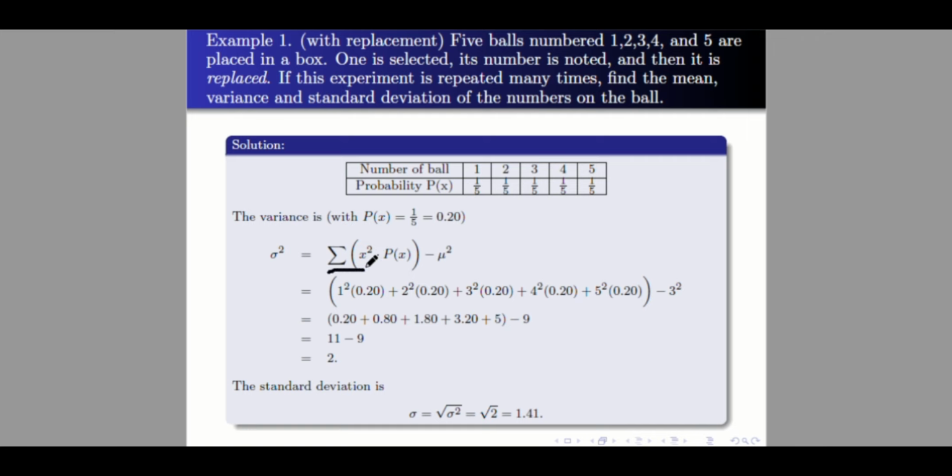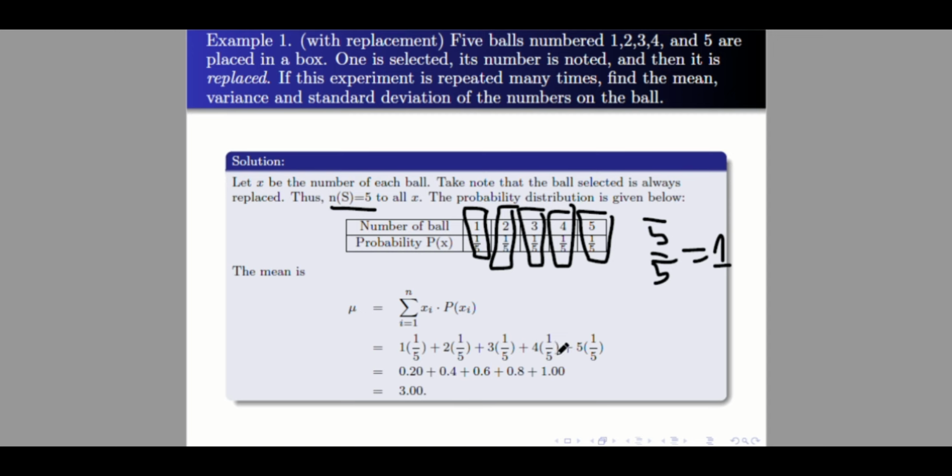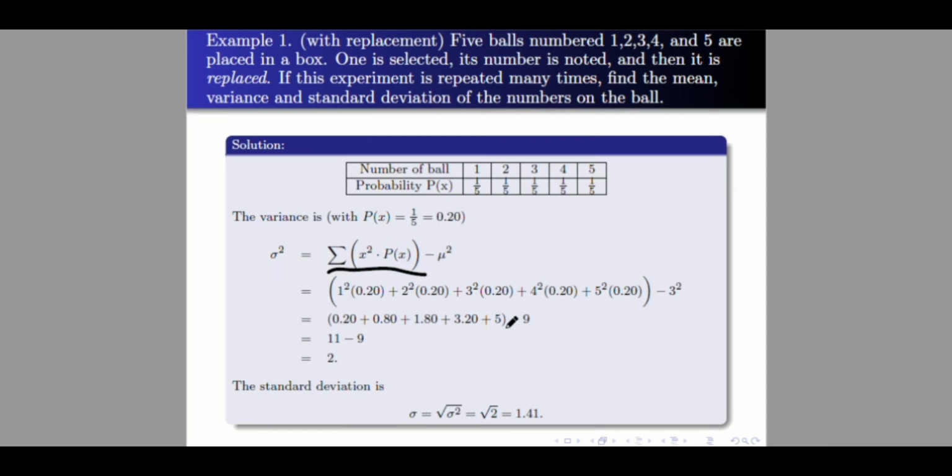So first we write this: 1 squared times 0.20 plus 2 squared times 0.20, 3 squared times 0.20, 4 squared times 0.20, then 5 squared times 0.20. After that, you subtract 3 squared. The 3 is from here. The mean is 3.